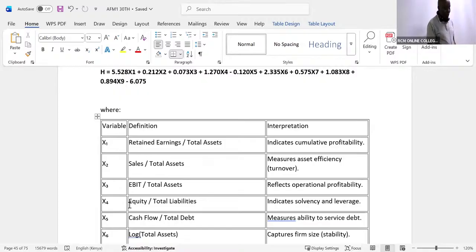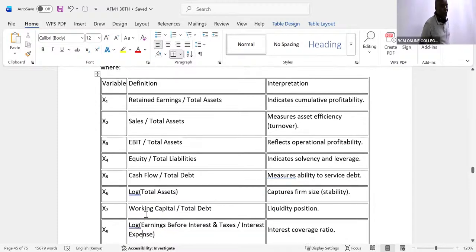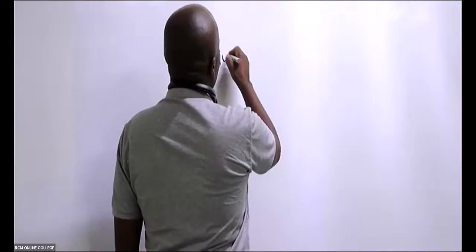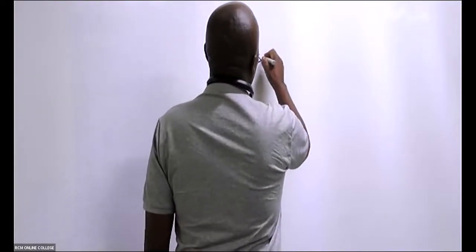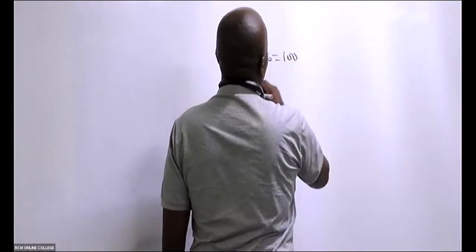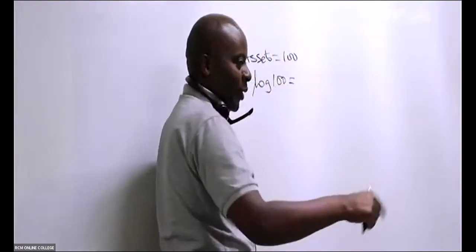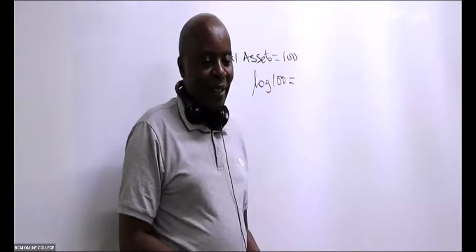The only thing that you need to be very, very careful about is X6, which wants you to get total assets, and then you get its logarithm. Could you kindly give me the logarithm? Let's try. Assuming in this case that our total assets are 100, what is the logarithm of this 100?